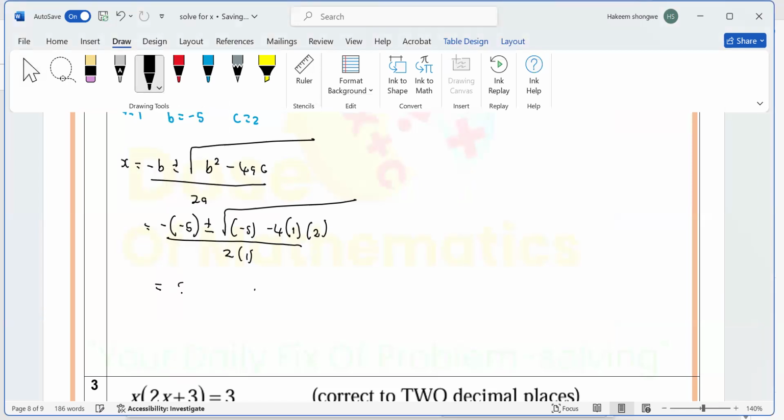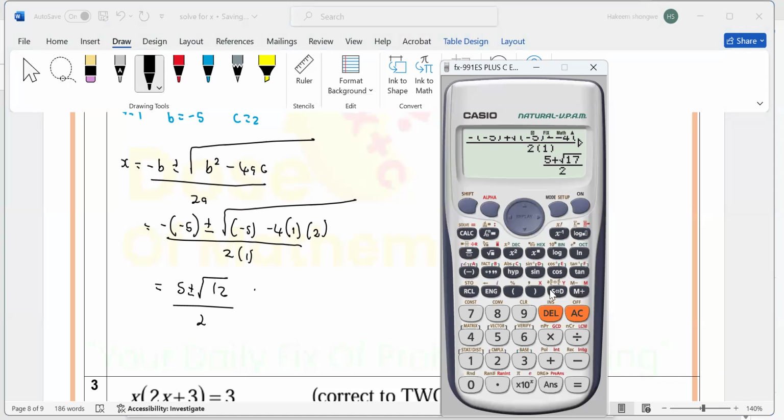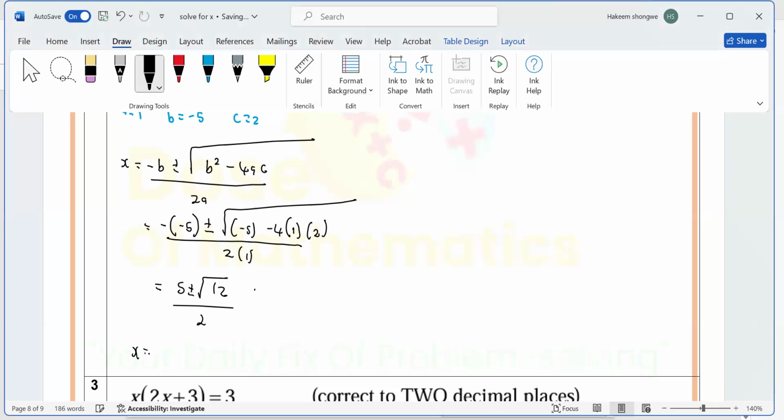So we're going to have 5 plus and a minus root 17 all over 2. And then we press equals. What did you get? 4,56. X is going to be 4,56.